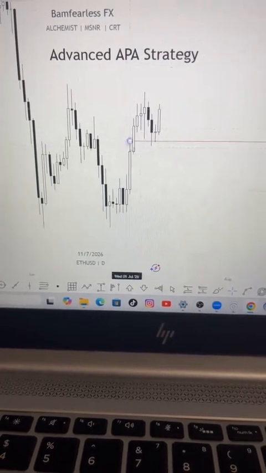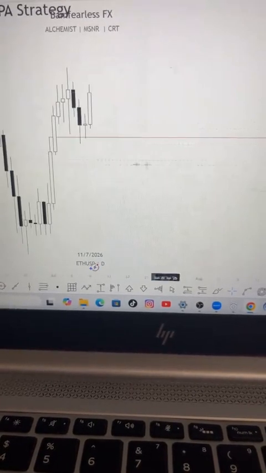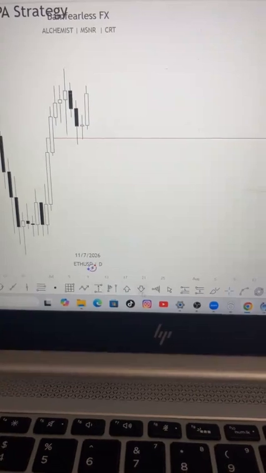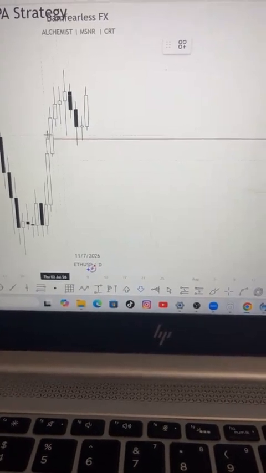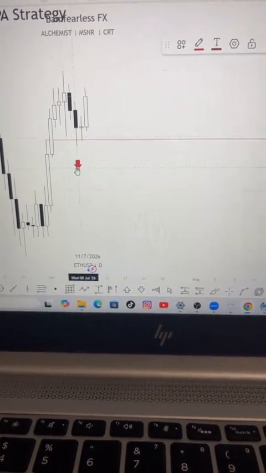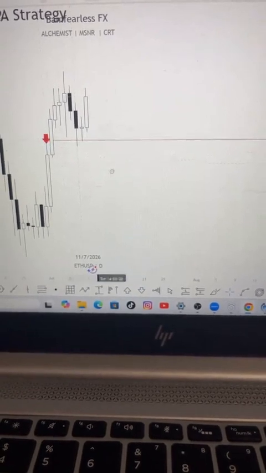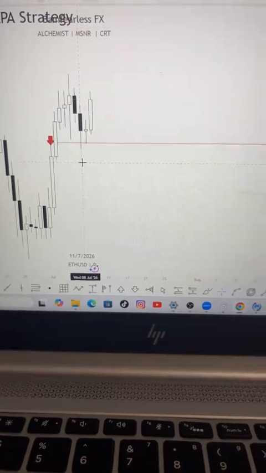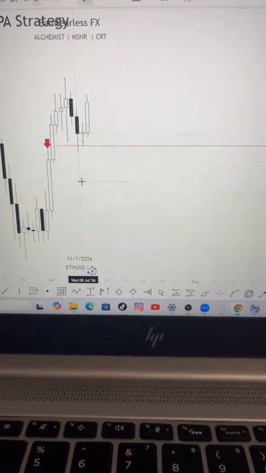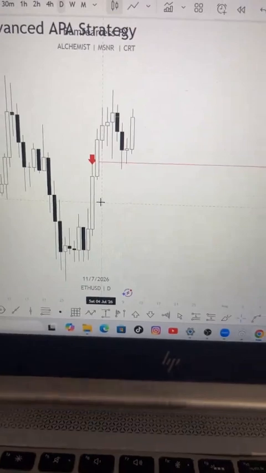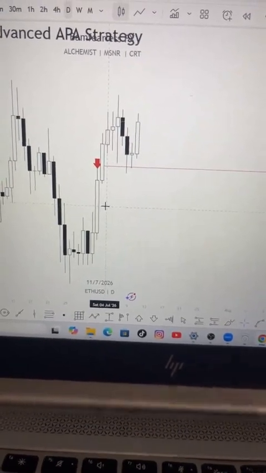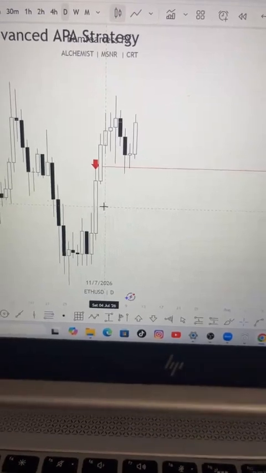Before I can do anything, I need to wait for rejection on that zone. On this day, which was Wednesday, there was rejection. And how well can I align this to what I have?